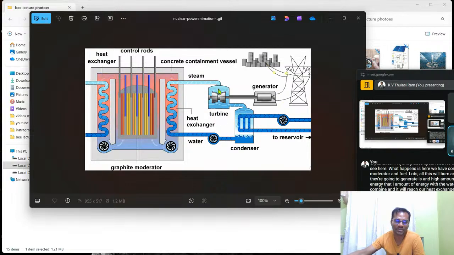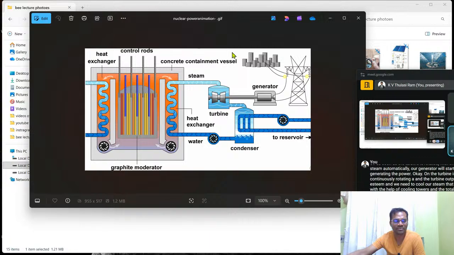As soon as the turbine is rotated with the help of steam, automatically our generator will start generating the power. The turbine output is steam, and we need to cool that steam with the help of cooling towers, and the water will be sent back into the heat exchanger.